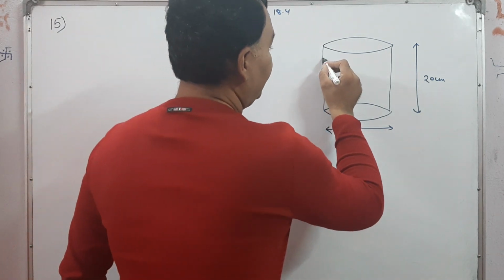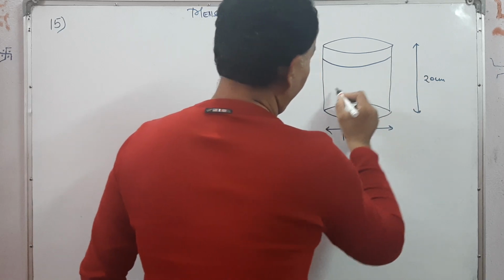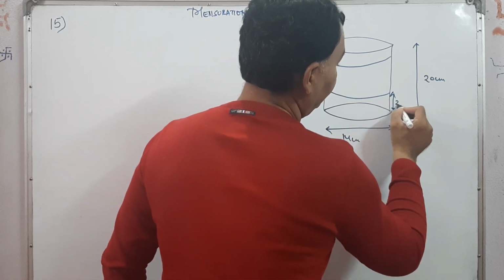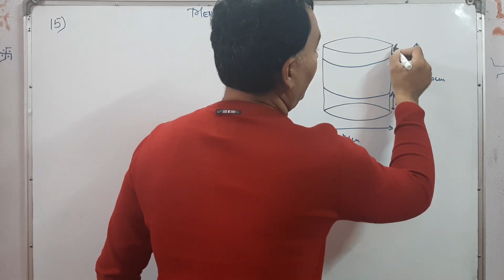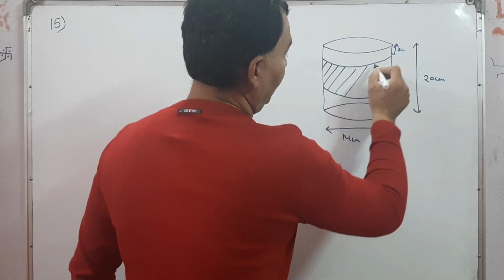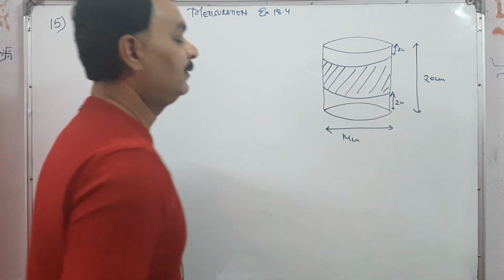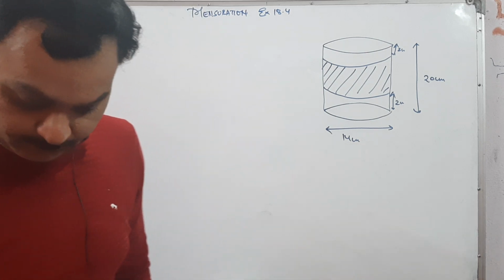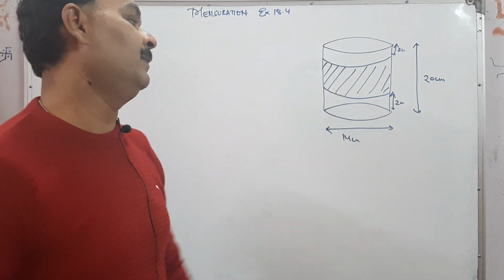Now the company places a label around it, leaving 2 centimeter from bottom and 2 centimeter from the top. This is the area of the label, which is the curved surface area. Now we need to find out the area of this label.